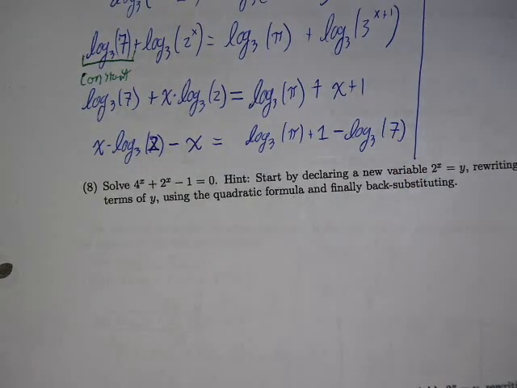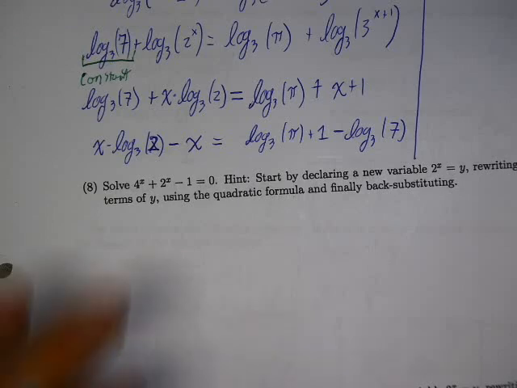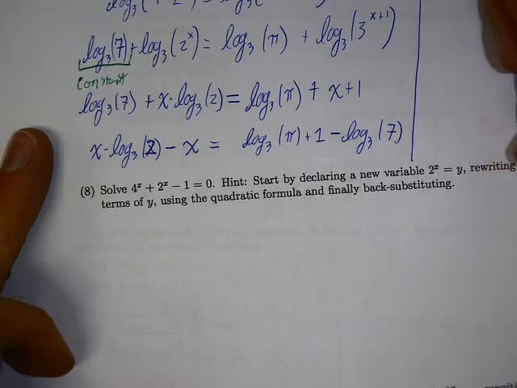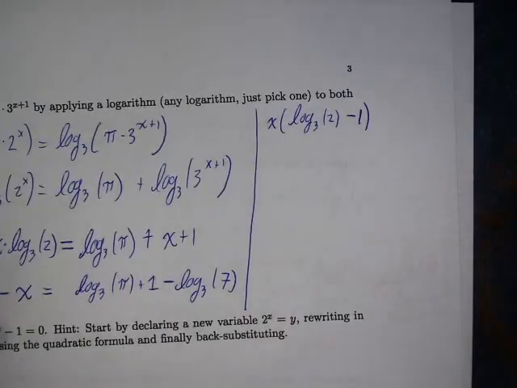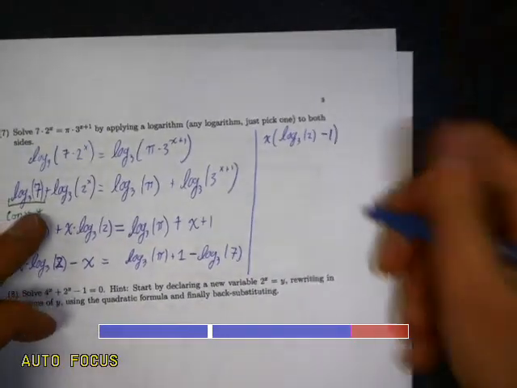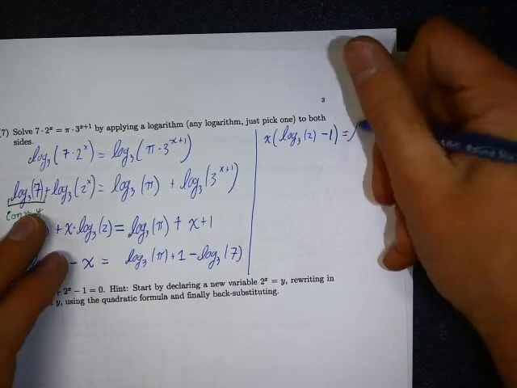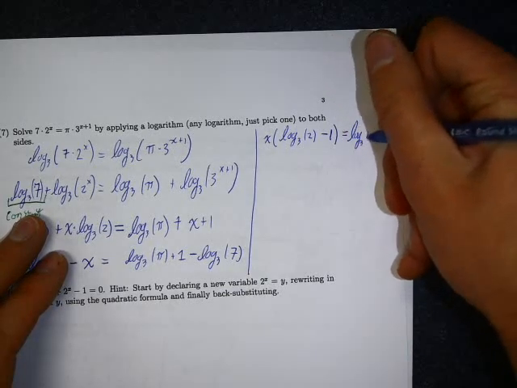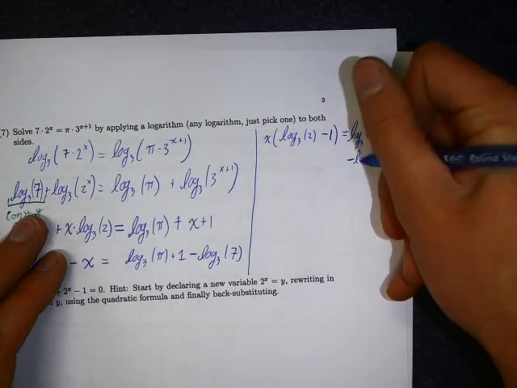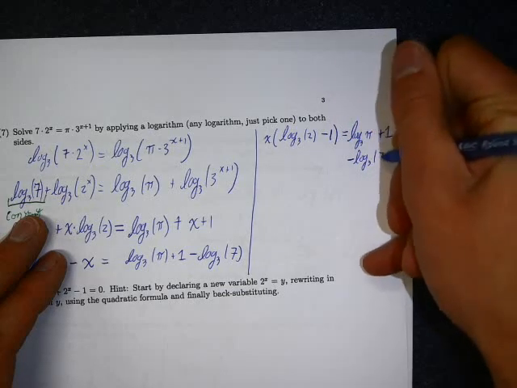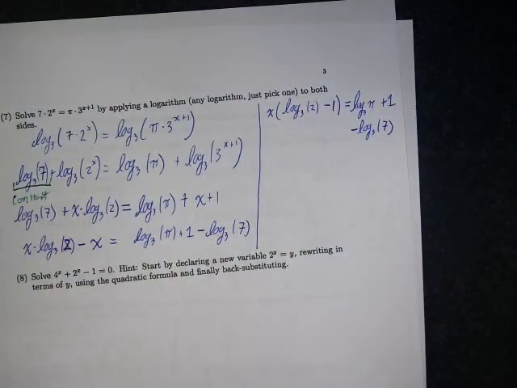Fair enough. And then let's see, the left-hand side you can factor to get x times log base 3 of 2 minus 1. Everyone with me so far?